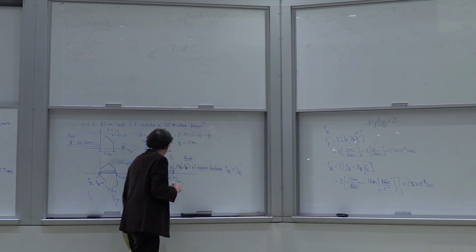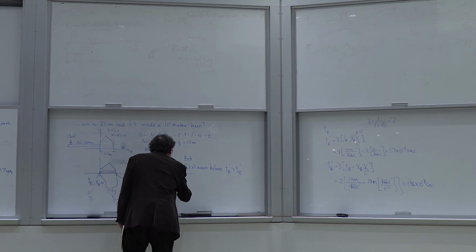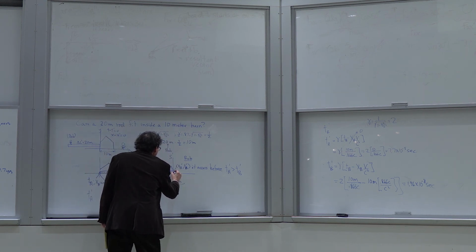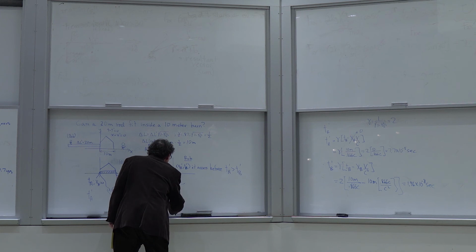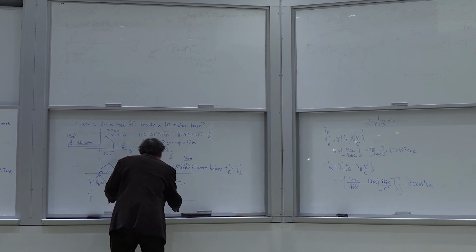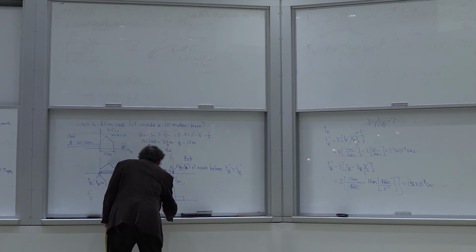So he says, no, what happened was that first the right end of the rod went in the barn, and then sometime later, in his frame of reference, the right end of the barn passed through. So here is X sub B prime, here is X sub A prime, T sub A prime.